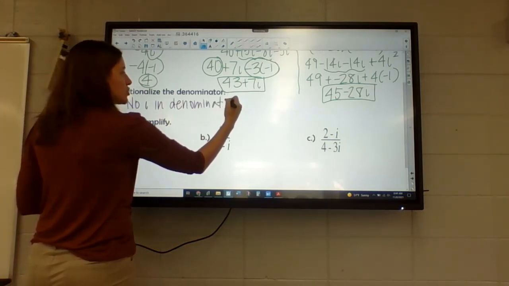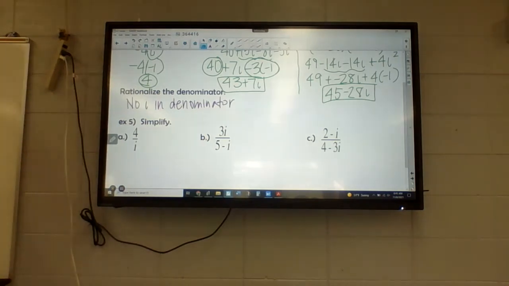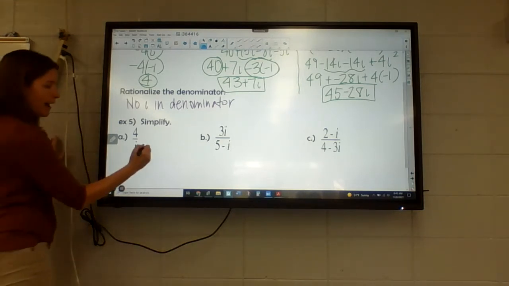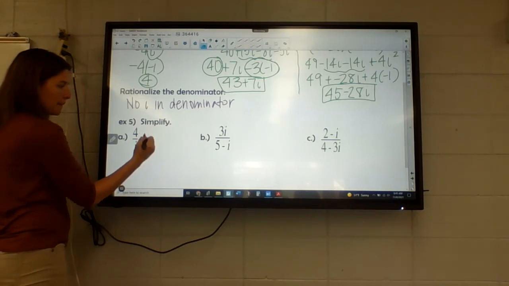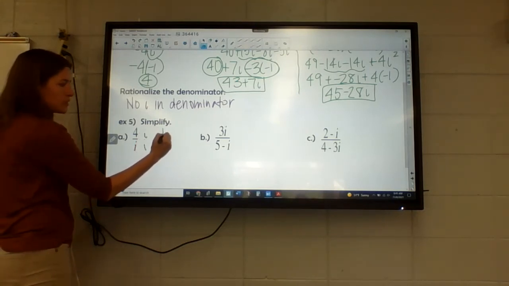So kind of like Trey pointed out in the warm-up, we can multiply a radical by itself and get rid of it. So if I want to get that i out of the denominator, I can just multiply by i. But if I do that to the bottom, I have to do it to the top as well.